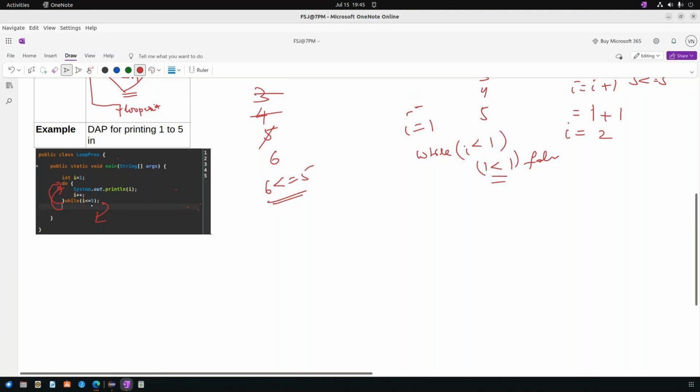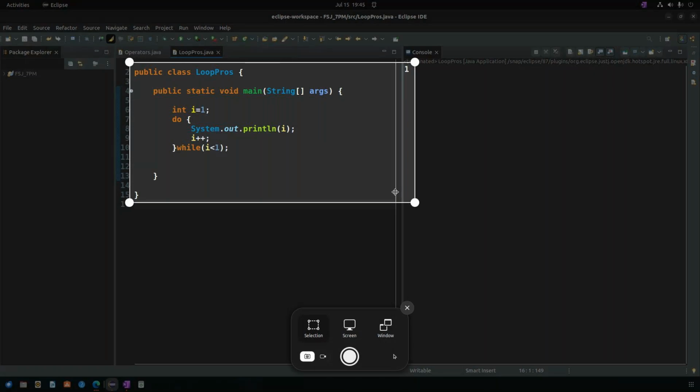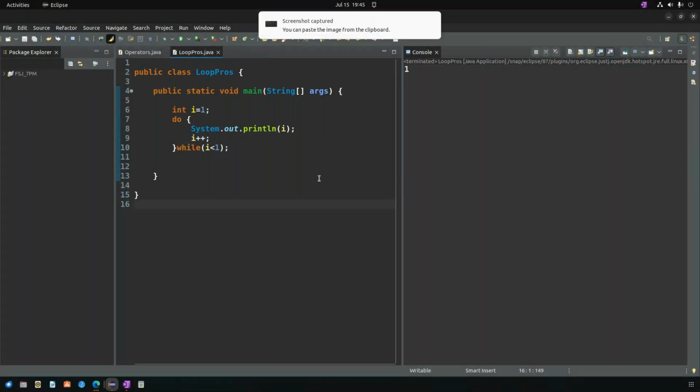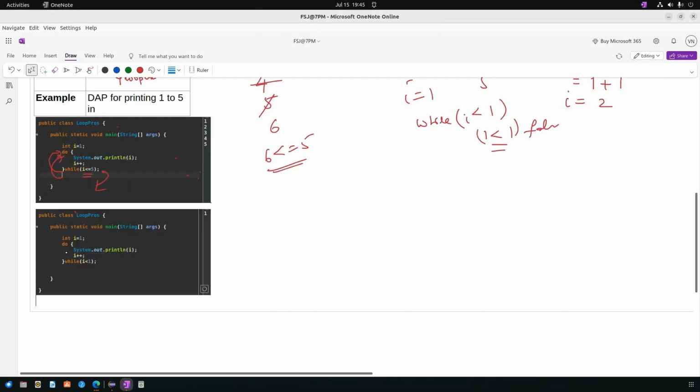But in the do while, even if the first condition is false, a minimum of one value is printed. So in that way you are looking at things: at least one value will be printed.